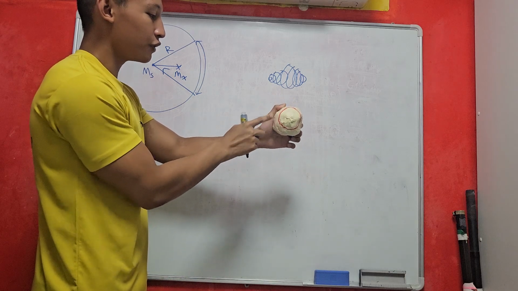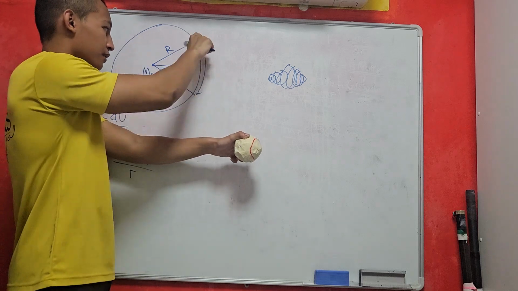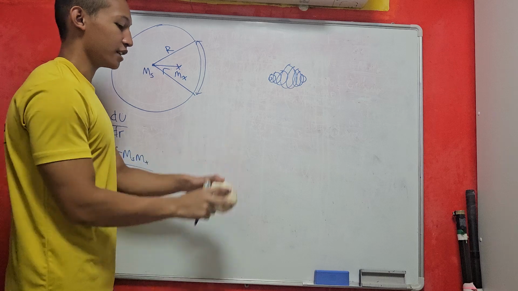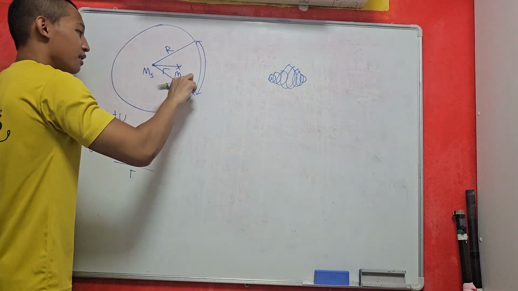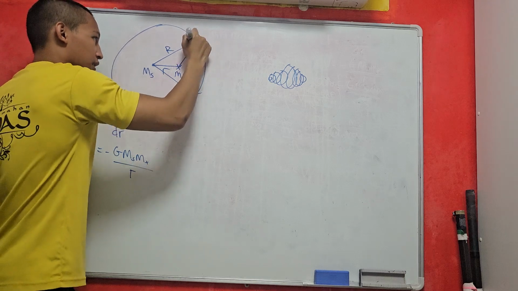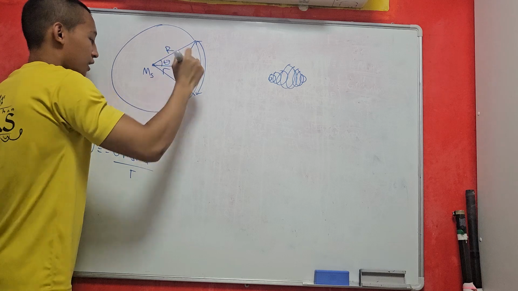This red circle, if you look from the side, is just this right here. This is the side view of this red circle. I hope you can visualize that. And from there, I can see that the distance between the object and this ring is denoted by L, and there's an angle here, theta.